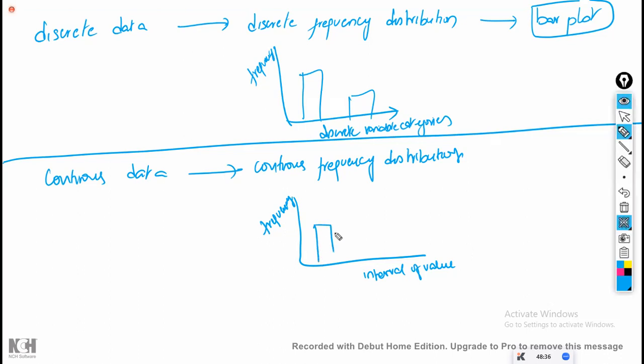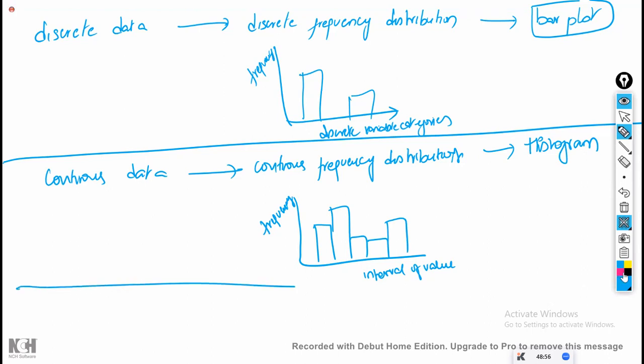And the bars are attached to each other. Whatever the bars are there, everything is attached to each other. And this is called a histogram.